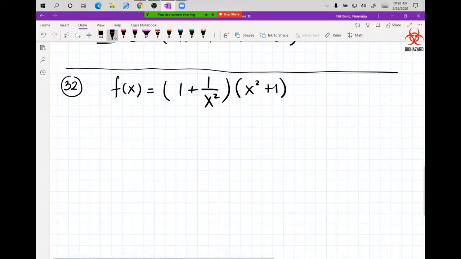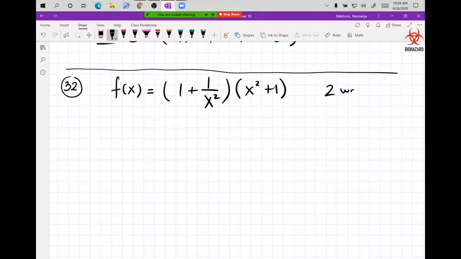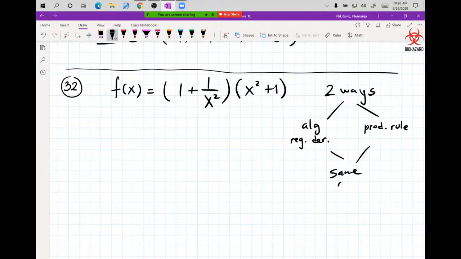So, as I said, two ways. One way is algebra, then regular derivative, and the other one is product rule. They both have to have the same answer, obviously, at the end.